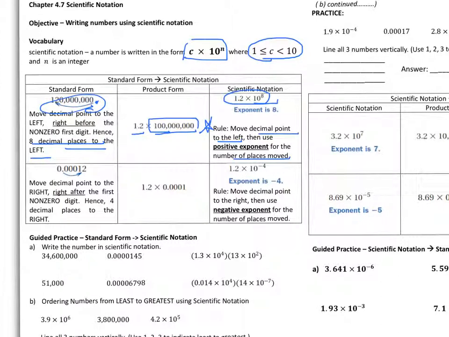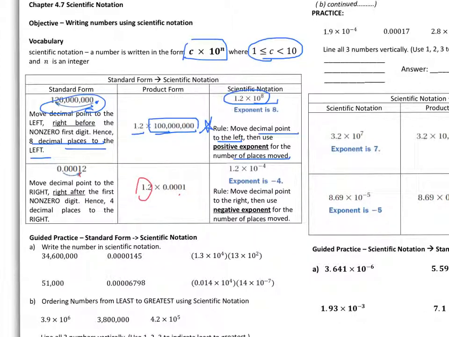Okay? And if you're given a very small number or decimal number, such as 0.0012, we want to move the decimal towards the non-zero digits, and stop right after the first non-zero digit. So you end up with 1.2 times 0.0001.